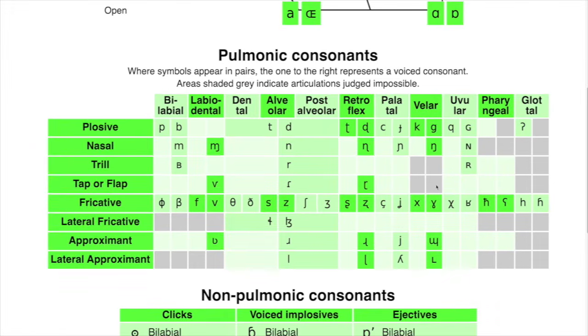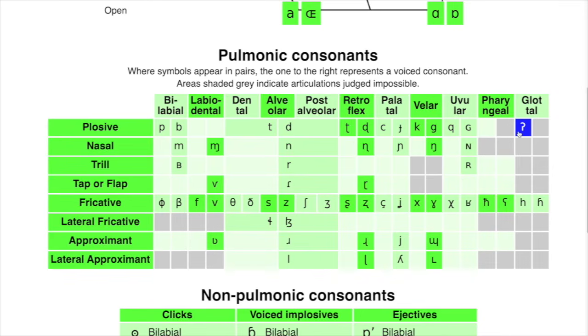And then the last one that's important to point out is this question mark looking thing over here, and that is what we call a glottal stop. And this one might be hard to understand or hard to conceptualize how this is even a consonant, because this consonant might sound like not saying anything, because you just stop your vocal cords from vibrating.